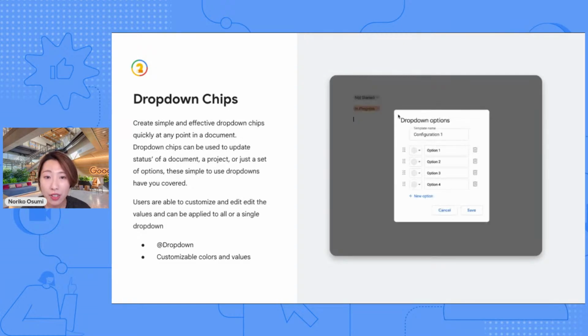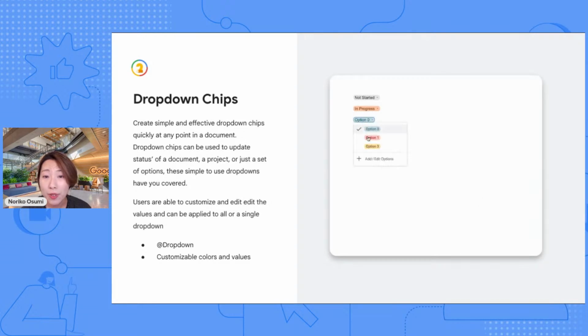Dropdown chips typically are used to do things like update the status of the document. Maybe it's a project, or maybe you just have set up options of things that you want to allow users to choose from. What we do now is allow you to essentially build and customize these dropdown chips.